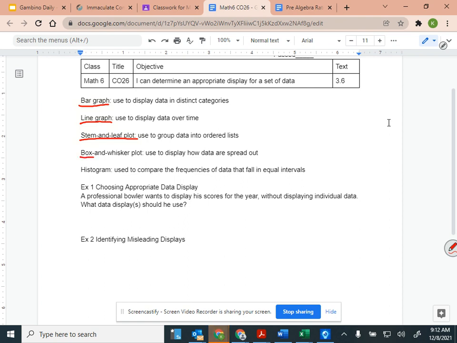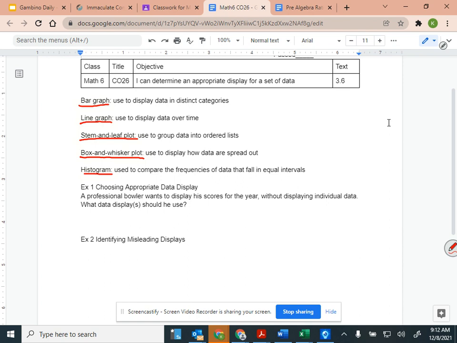Our box and whisker plot is used to display how data are spread out, so those extremes and the quartiles. Then the histogram is used to compare the frequencies of data that fall in equal intervals. So we talked about how those intervals need to be the same amount of spacing each time. So we need to think about what type of data we would use.